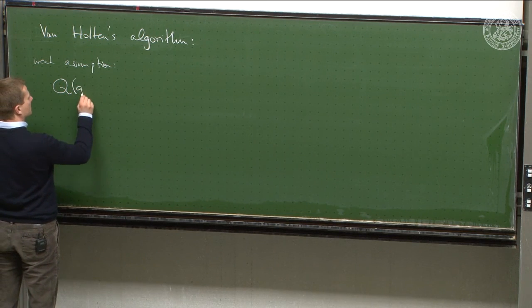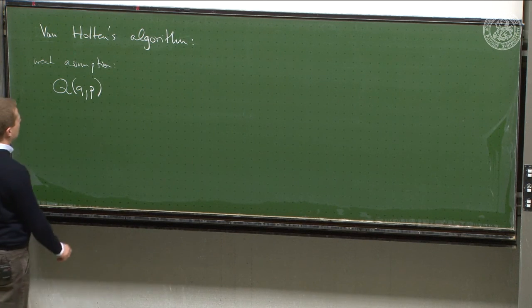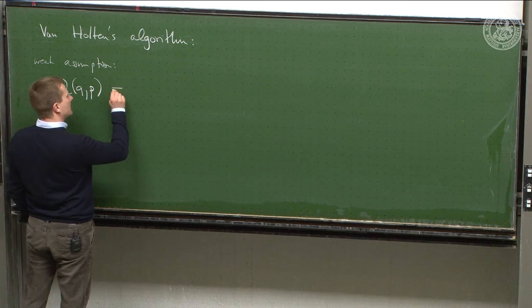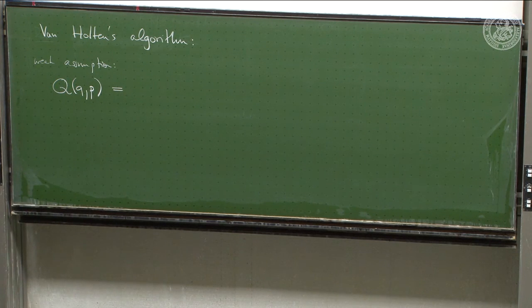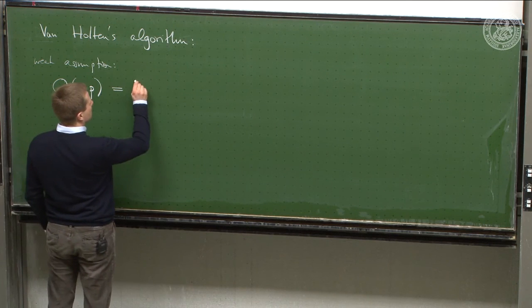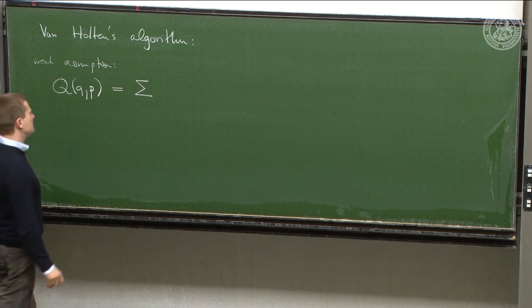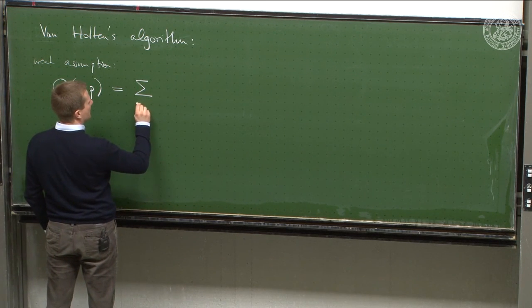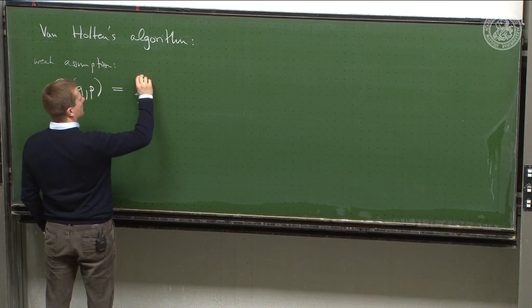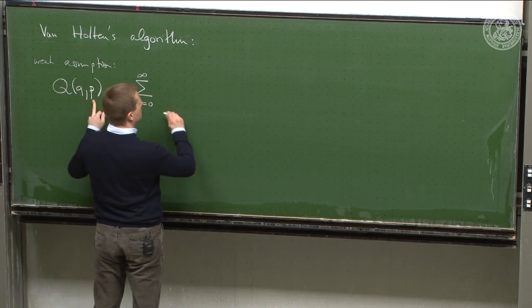That Q depends on the q's and the p's, and is a smooth function on the symplectic manifold. But now we'll restrict a little bit. It's not any smooth function, but one that we can expand into a series, which could be a finite series, of course, from i equals 0 to infinity, in terms of the momenta.